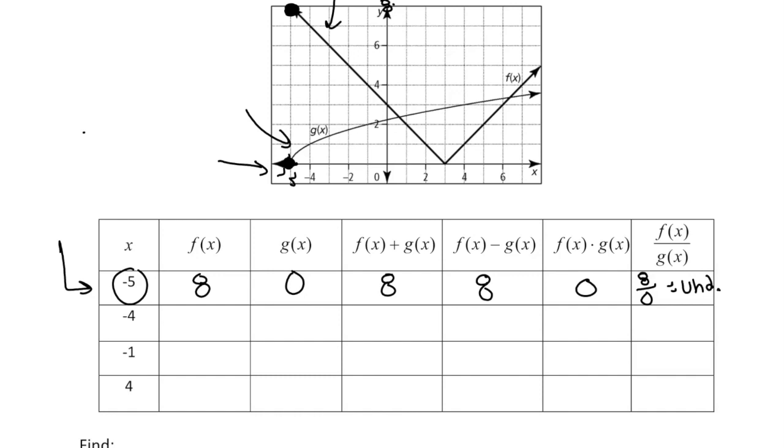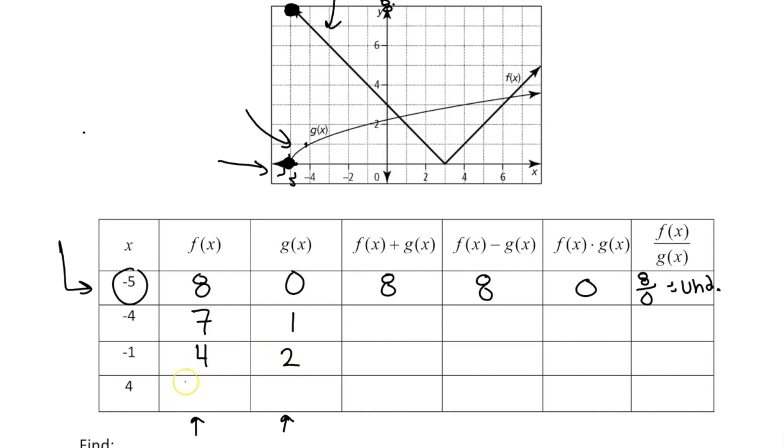Okay, so for when we have -4, g of -4 is a 1. And then I'm just going to fill in these two columns first. f of -1 is 4, and g of -1 is 2.